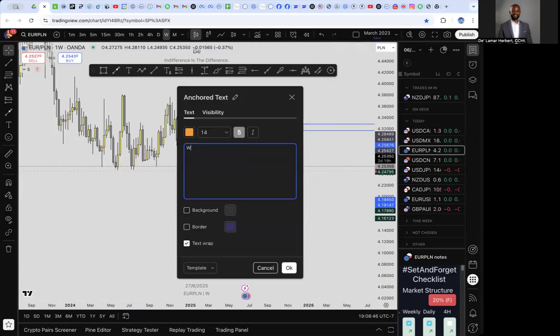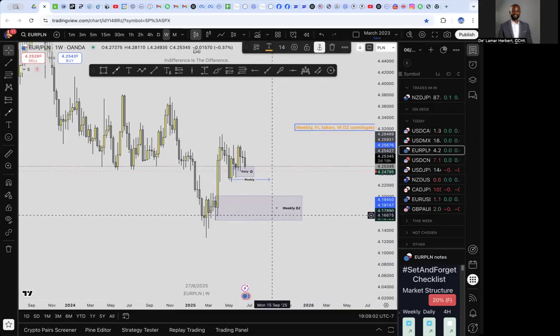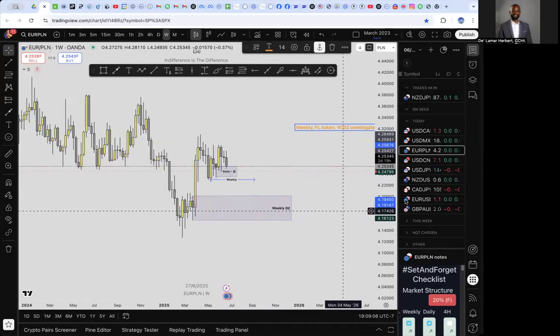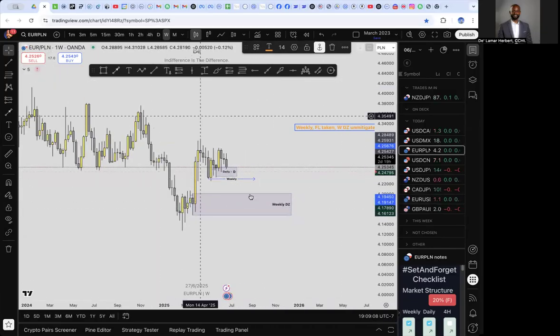We'll just write: weekly first low taken already. And then we'll also put the weekly demand zone, unmitigated. Mitigated, I think I spelled that right, because it isn't mitigated, so we can definitely come right back down and touch this demand zone and use that as a trampoline, or we may just take off from here.